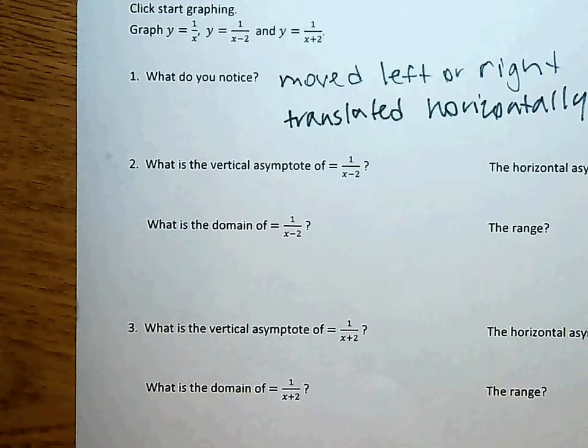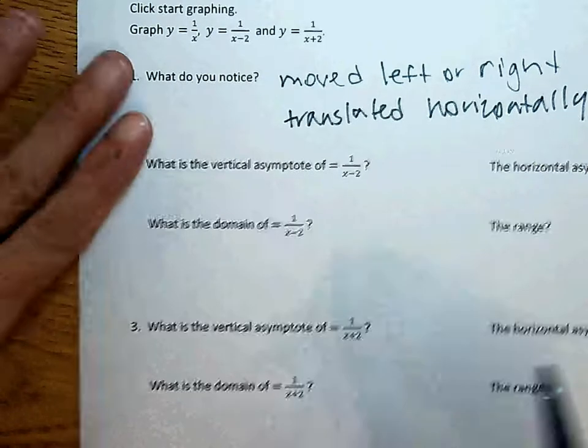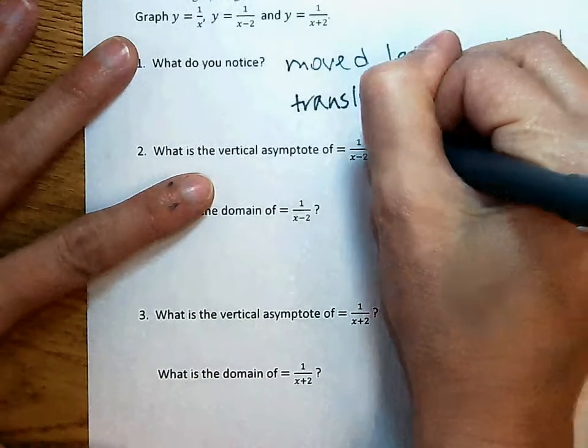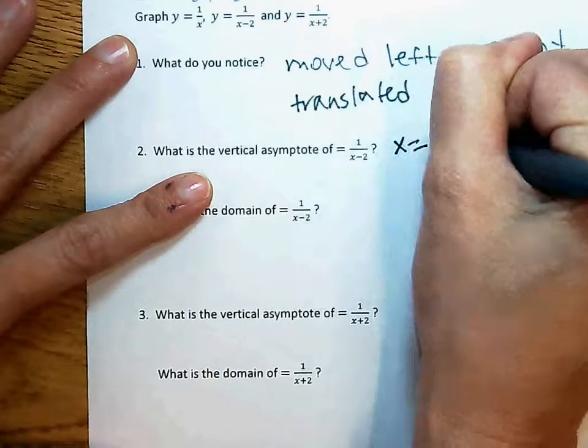X equals 0. If it moves to the right 2, where's the vertical asymptote going to be? 2, right? So you had your x equals 0, and you're going to move it to the right 2. So your vertical asymptote is going to be x equals 2.